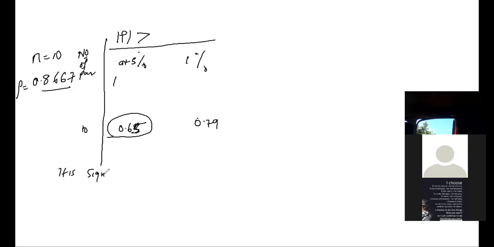Now, they can ask you to test the degree of significance at 5%. Remember, the table up here reads the magnitude of the correlation coefficient exceeds. If it exceeds at 5%, then it is significant. If it does not exceed, then it is non-significant. Now, this is 0.8667. It is greater than 0.65 under 5%. So it means it is significant at 5%.